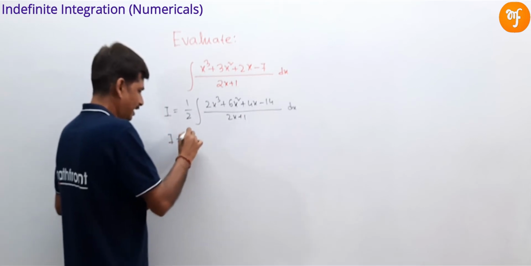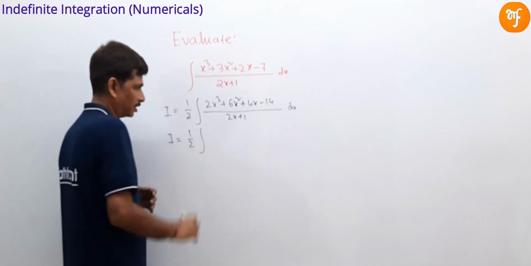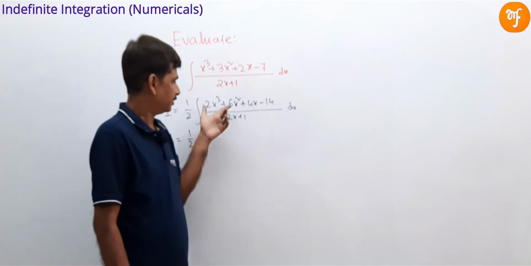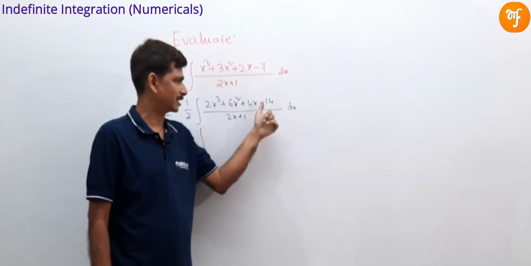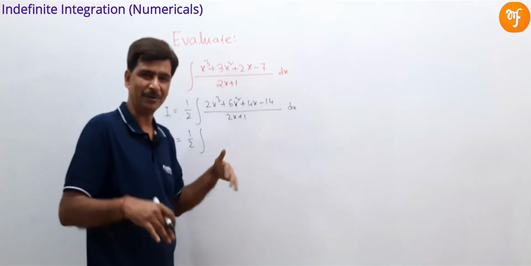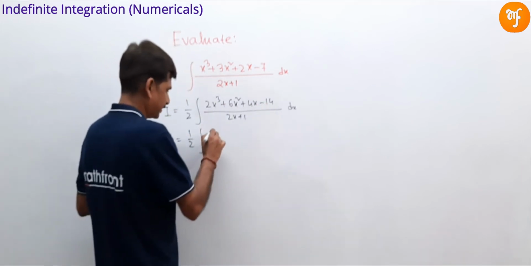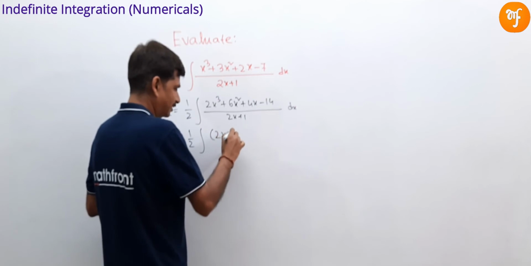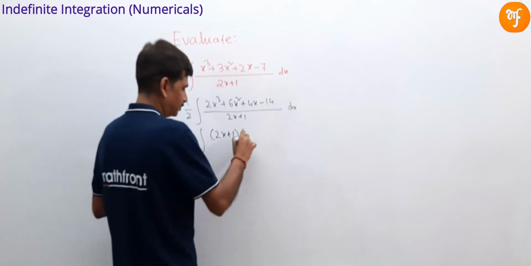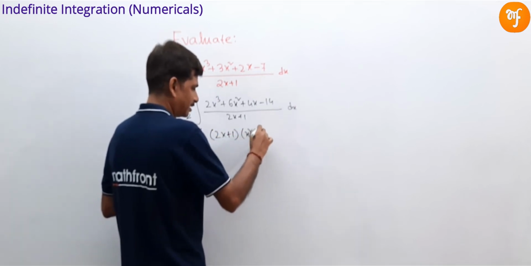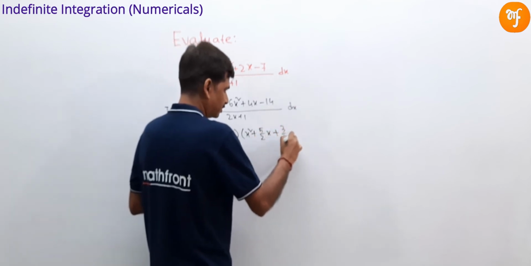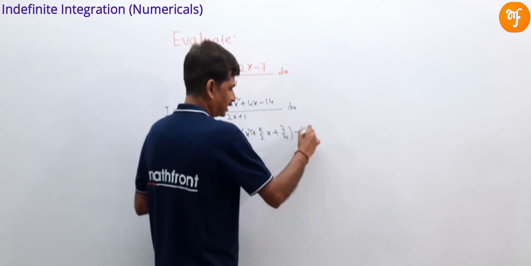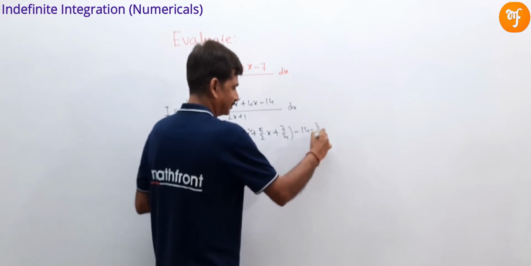In the next step, I is equal to half of the integration of, now if we divide this 2x cube plus 6x square plus 4x minus 14 by 2x plus 1, we will get the thing like this: 2x plus 1 into x square plus 5 by 2 into x plus 3 by 4, minus 14 minus 3 by 4.